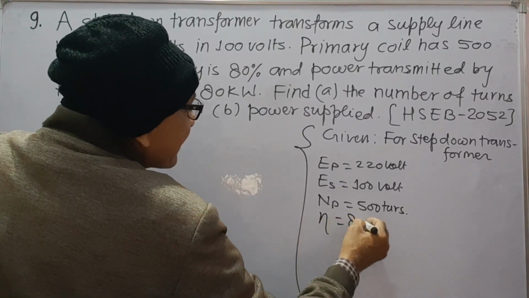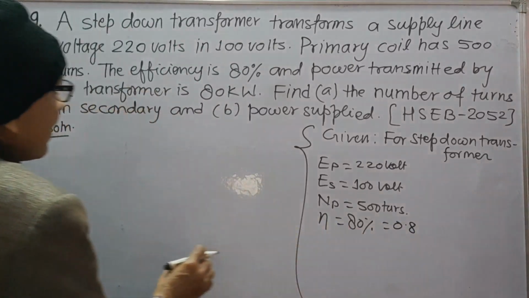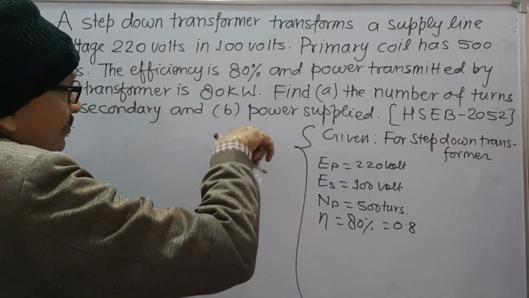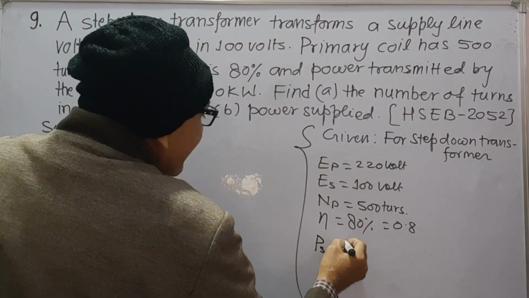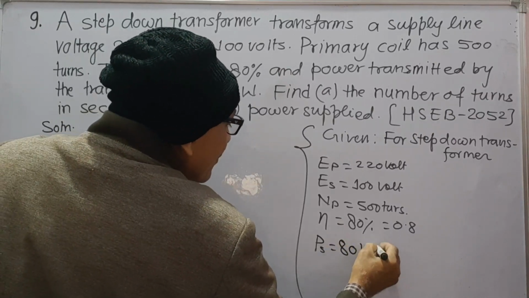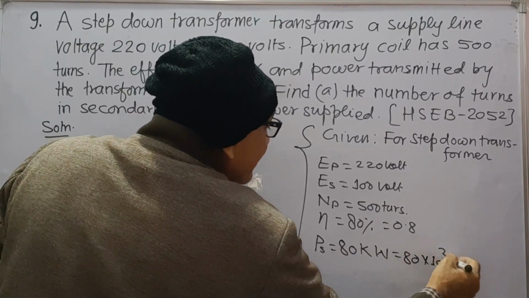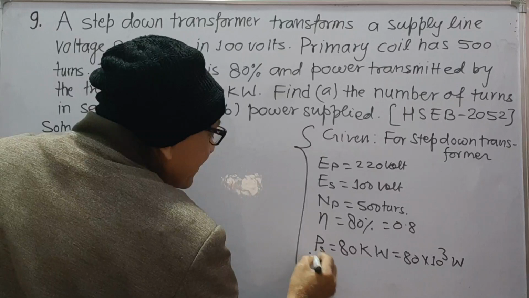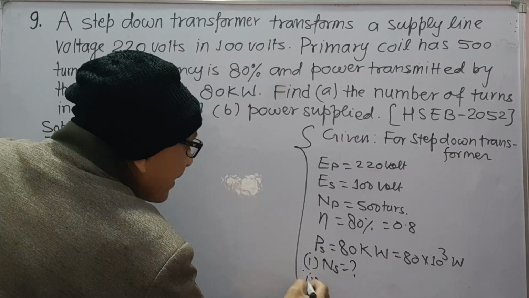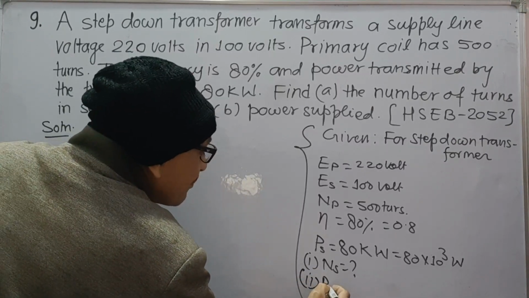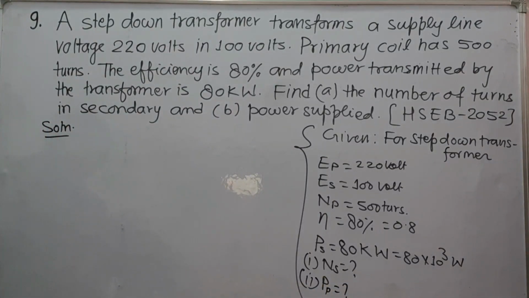Efficiency is 80%, which means 80 upon 100, or 0.8. And power transmitted, meaning P output or P secondary, is 80 kilowatt. Kilo means 1000, so 80 into 10 power 3 watt. First, we have to find the number of turns in secondary, and second, the power supplied through the primary coil.